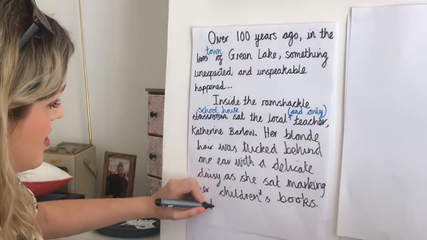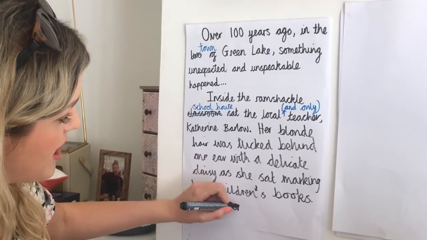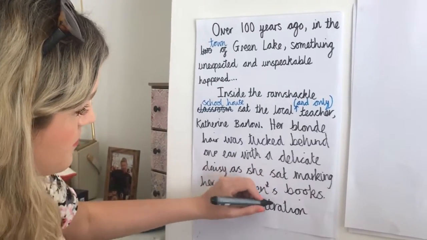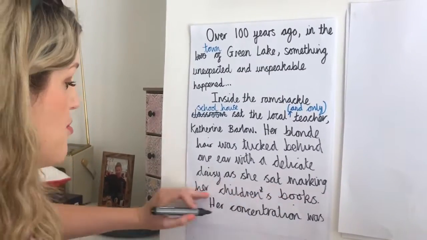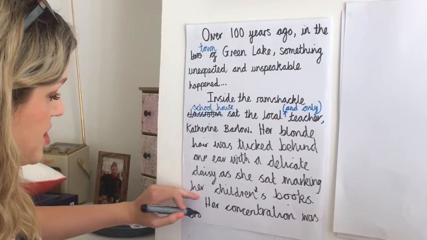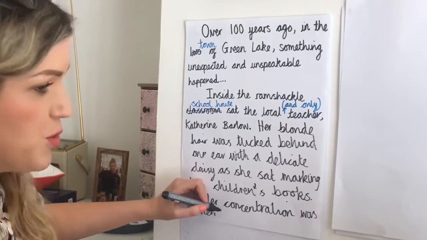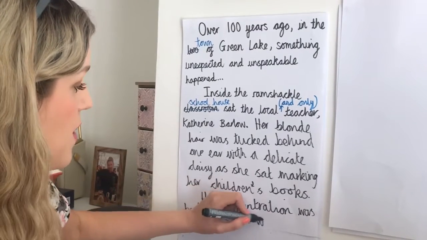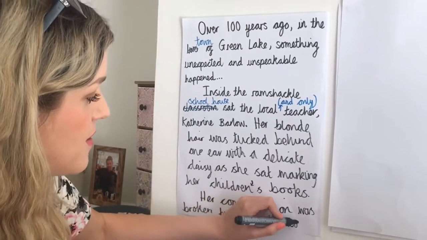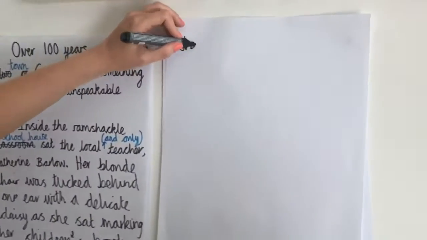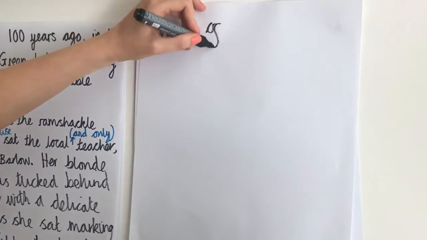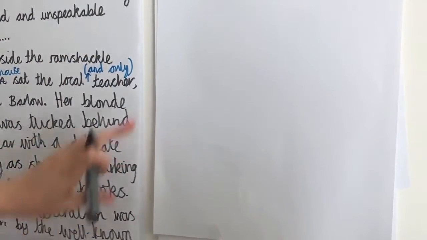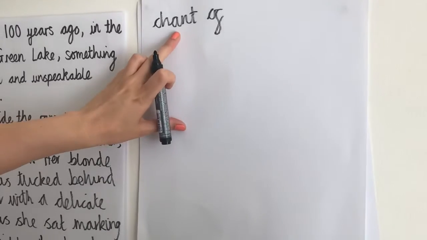So, her concentration was broken, means that she'd stopped concentrating, was broken by the well-known chant of... Now, this is actually a reporting clause because we're suggesting that somebody is about to start chanting.